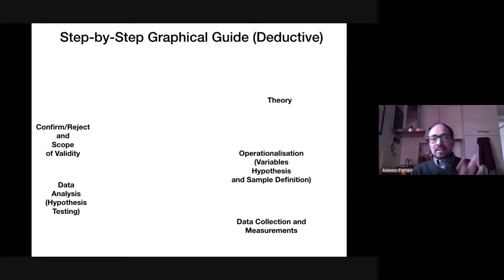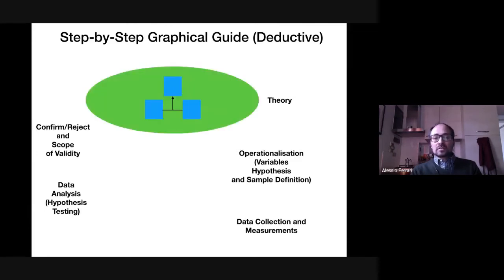So here is a graphical summary of how the theory is built according to the steps that I gave you before. First of all, the constructs, the propositions, the explanation, and then the scope of interest. This is the theory from which I start.